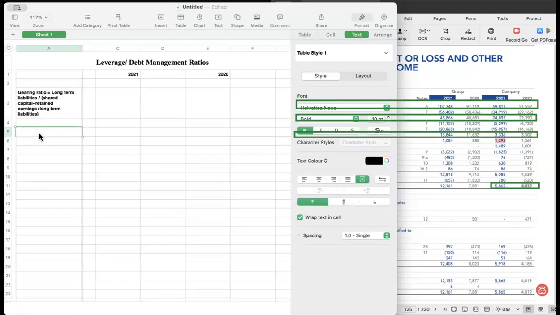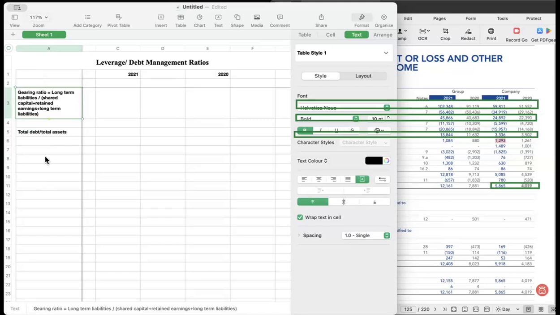If not, you can use an alternative formula, which is total debt divided by total assets. That's it. But again, this is only an alternative formula. I advise you to use this formula to find the gearing ratio.